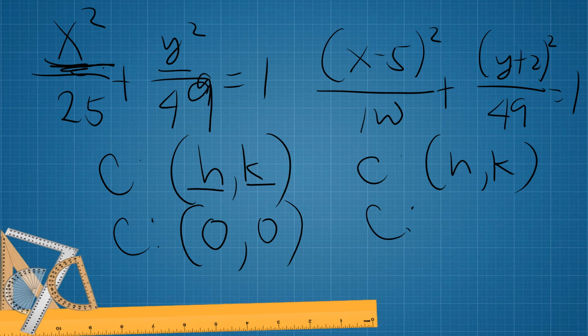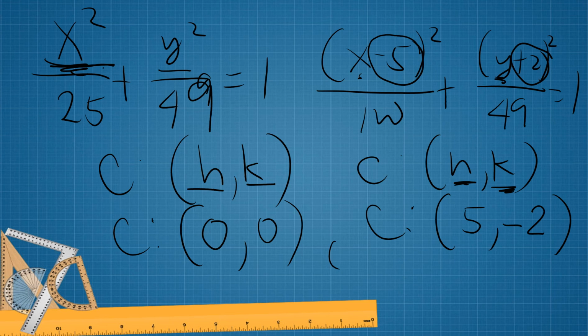To know the value of h, look at what goes with x, which is negative 5. We negate the negative 5. Therefore, h is 5. K goes with y, which has positive 2. We negate the positive 2. Therefore, it will be negative 2. Therefore, the center is located at (5, negative 2).